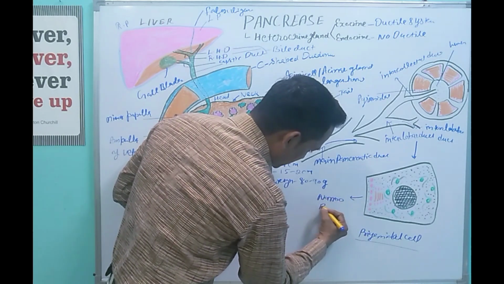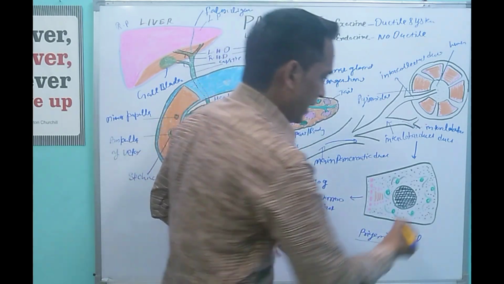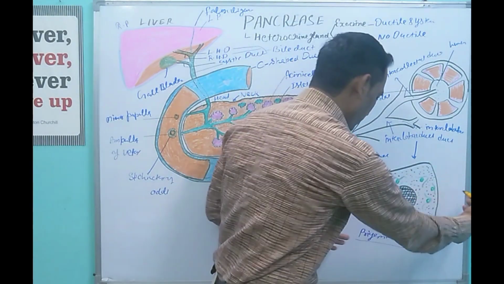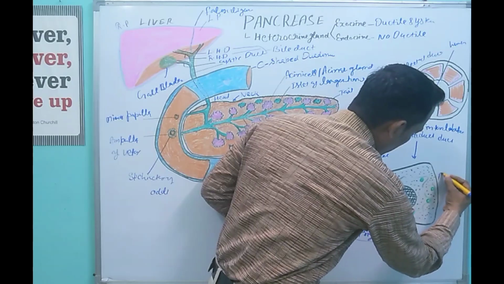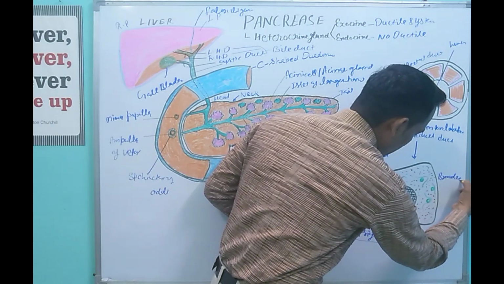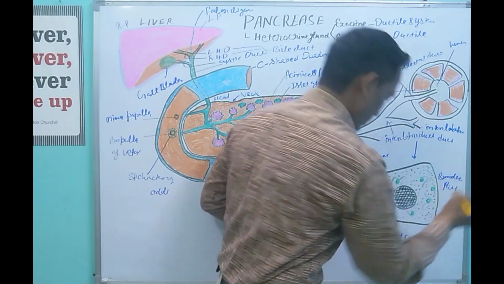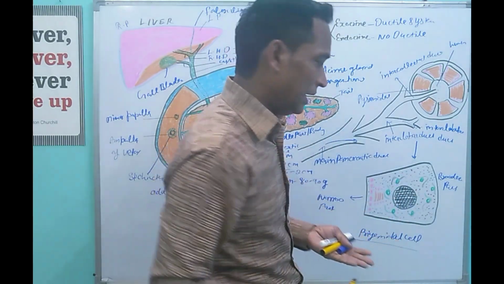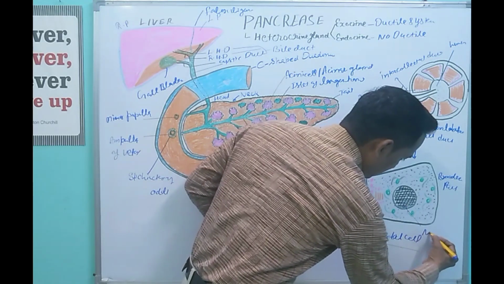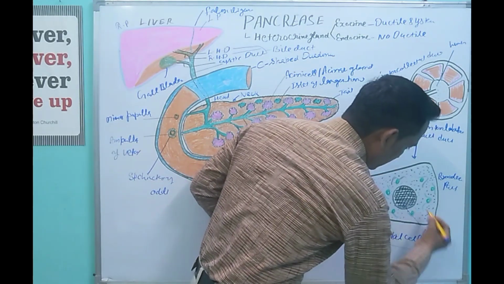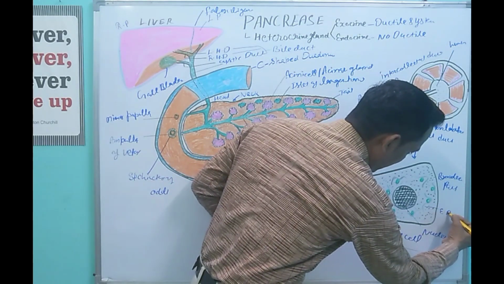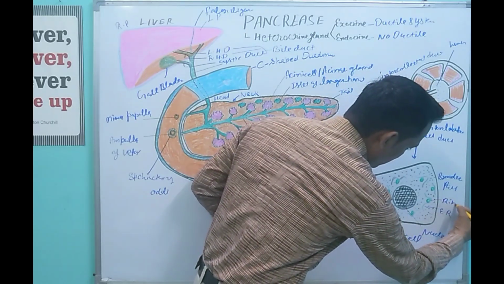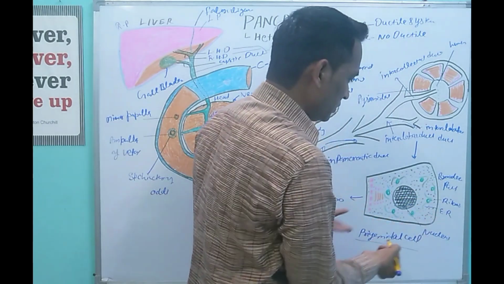These have the narrow parts, and the outer part of the periphery region is the broader part. These cells have different organelles, like the nucleus and the endoplasmic reticulum, which contain ribosomes, and here there is the cytoplasm.